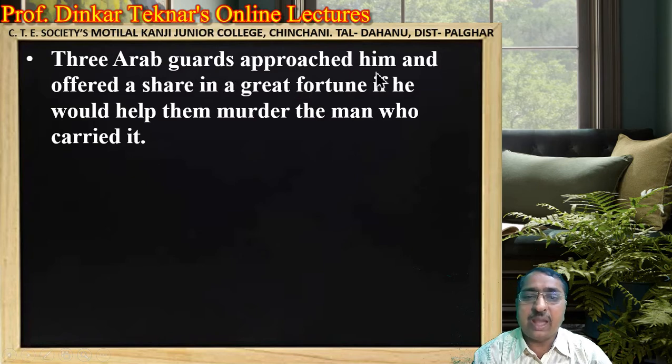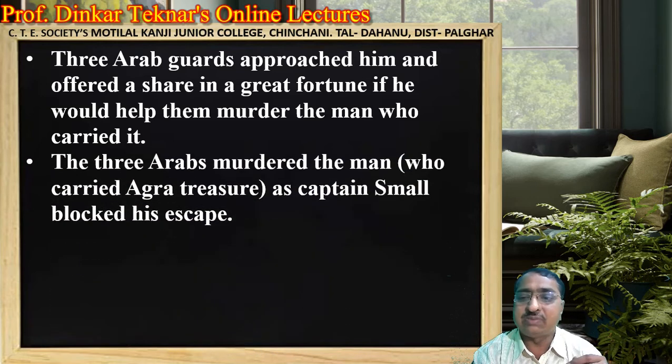Three Arab guards approached him and offered a share in a great fortune if he would help them murder the man who carried it. This means three Arab guards wanted to steal the Agra treasure from the man who had carried it with him, and they wanted the help of Captain Small.